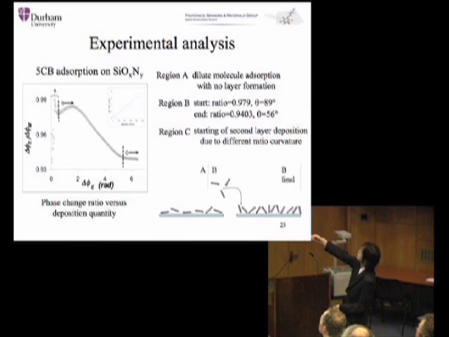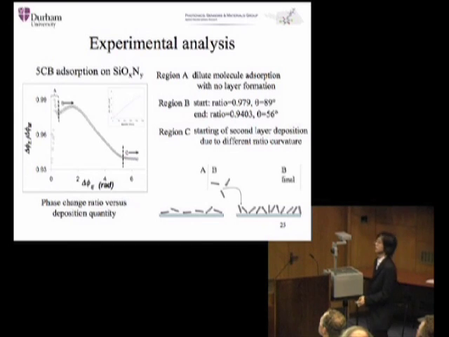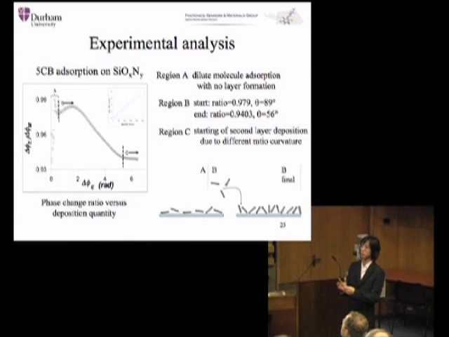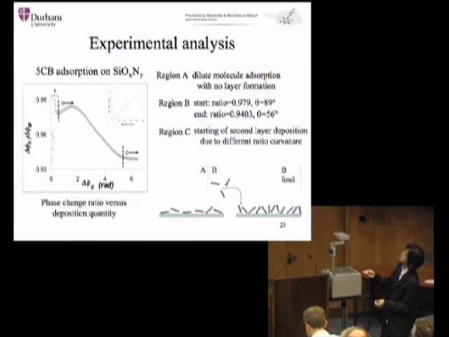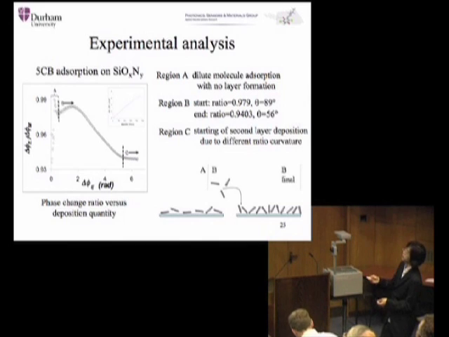But by the end of region B, according to the ratio values, we get the polar angle to be 56 degrees, which means the molecule is standing up somehow by tilting away from the surface. So what happens in region B is essentially a monomer condensation of the molecules on the surface, with molecules standing up and tilting away from the surface.